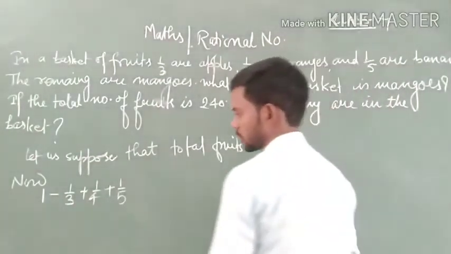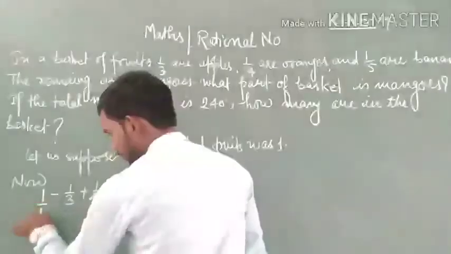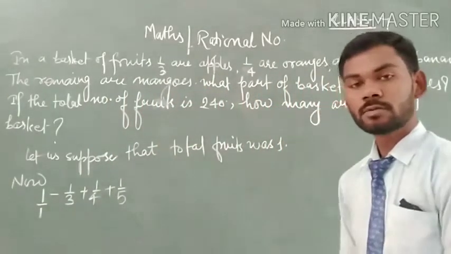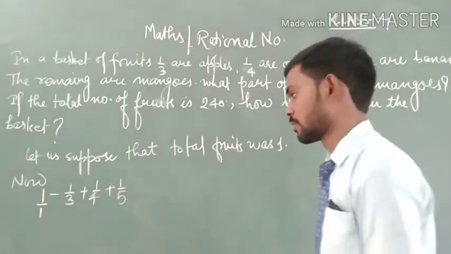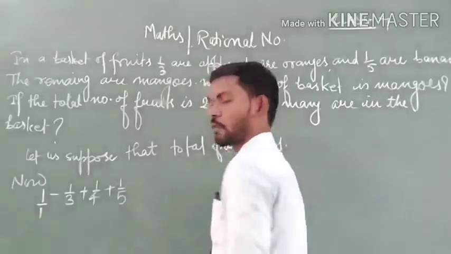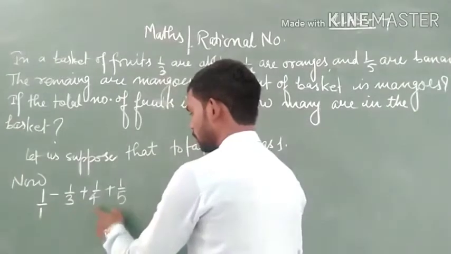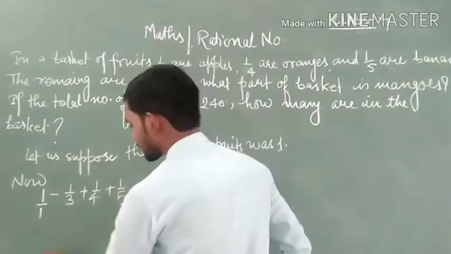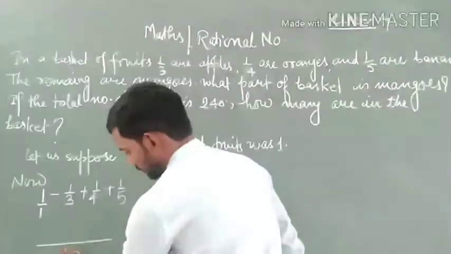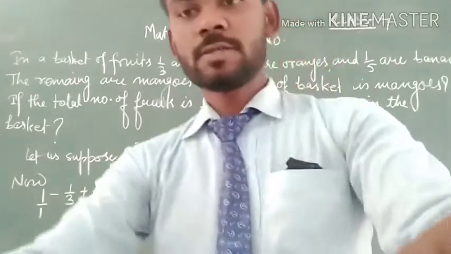Okay, now we shall solve this. You can write here 1 by 1 because as I told you, every whole number is a rational number. Okay, now find out the LCM of these 4 denominators. So here we get the LCM: 3 4s are 12, 12 5s are 60. So the LCM will be 60. Okay, now let us see.